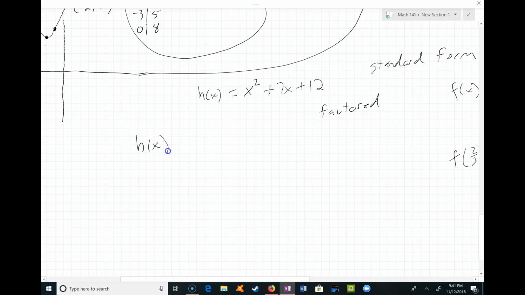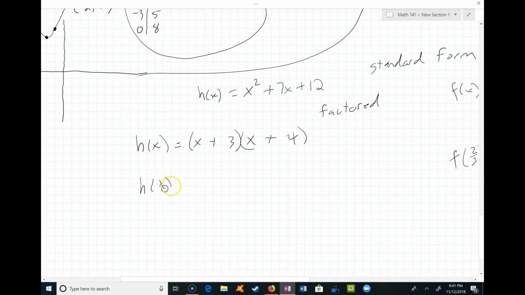So if we want to write this in factored form, we're just going to factor it. So that would be x times x, and looks like 3 times 4 would give me 12, and 3x plus 4x would give me 7x. So that would be factored form. And of course, to go from factored form back to standard form, you just multiply it out.